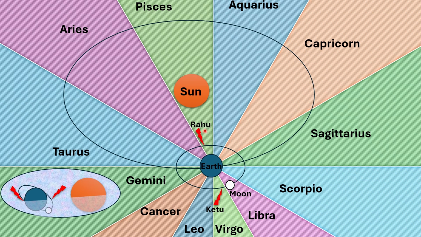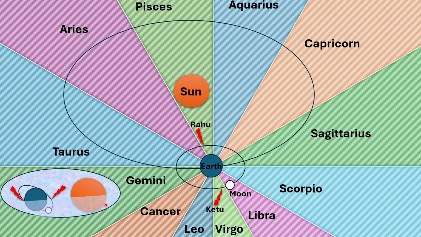So this is an eclipse. And when Moon passes through the other point, then Earth's shadow causes an eclipse again, which is the lunar eclipse. So that is why in mythology there was the story about Rahu eating away Sun, or Ketu eating away Moon. So these two points are these points.